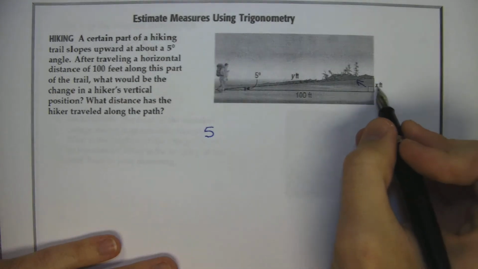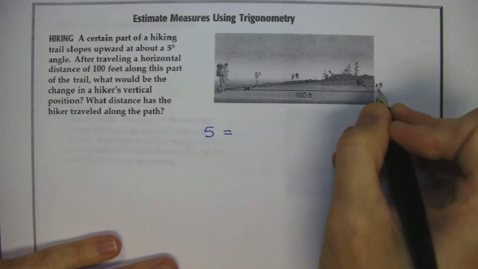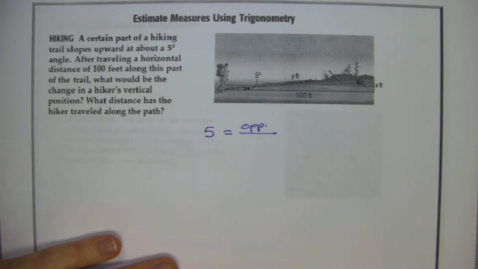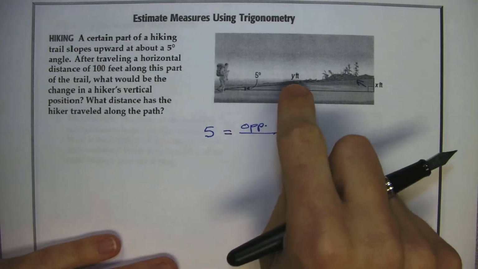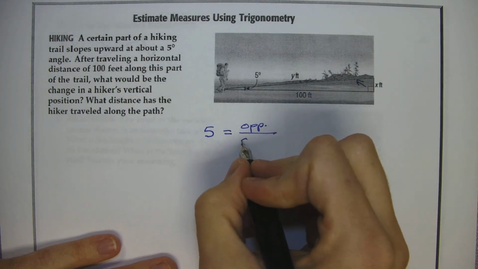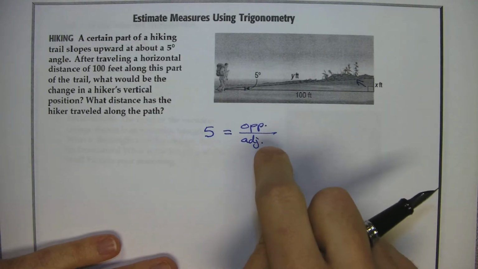I know that x is opposite, so let me write that down. 5 degrees equals the opposite side over, let's see what other side we have. Well, we don't know the hypotenuse, but we sure do know the adjacent side. So I know the opposite side, and I know the adjacent side.